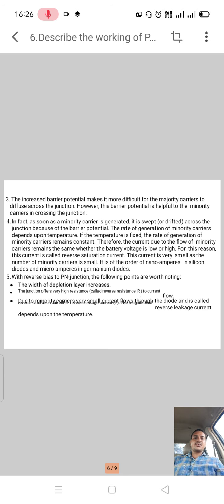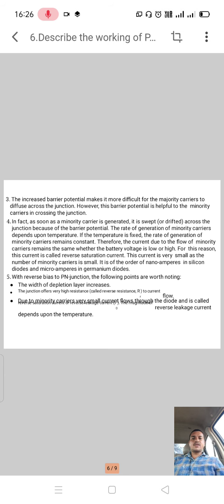The rate of generation of minority carriers depends upon temperature. If the temperature is fixed, the rate of generation of minority carriers remains constant. Therefore, the current due to the flow of minority carriers remains the same whether the battery voltage is low or high.